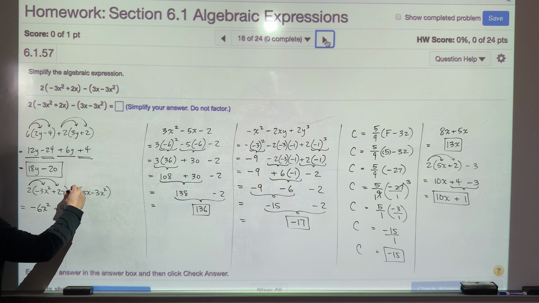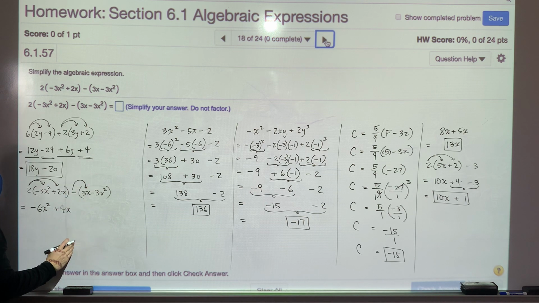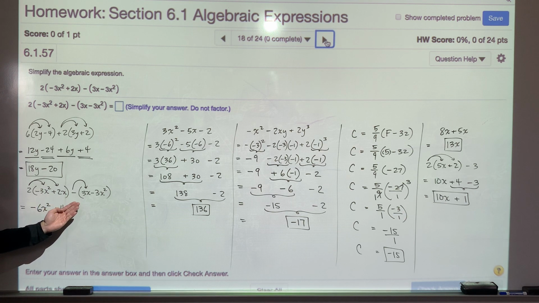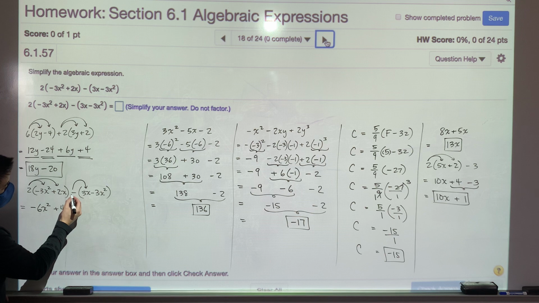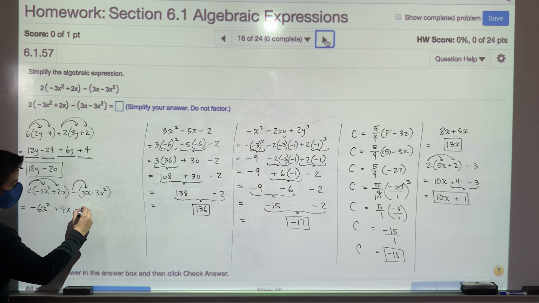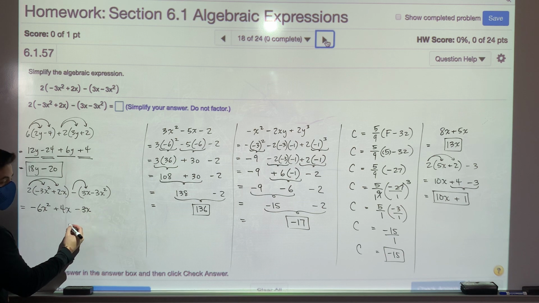Now, I have a negative times a positive 3x. So I'm going to pause right here to warn you. If you don't know how to deal with this, follow along. If you do, great. If you're already ahead of me, that's fantastic. So I've got a negative times a positive. That's going to make it a negative 3x.